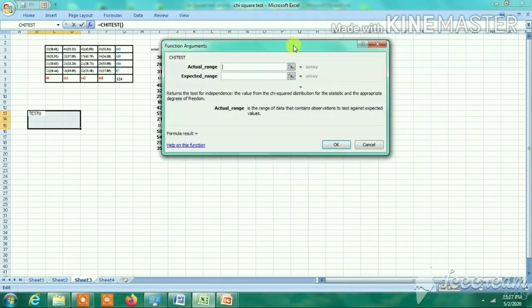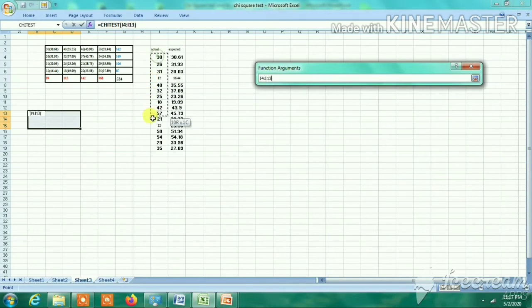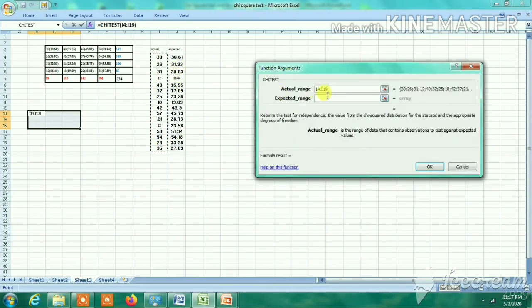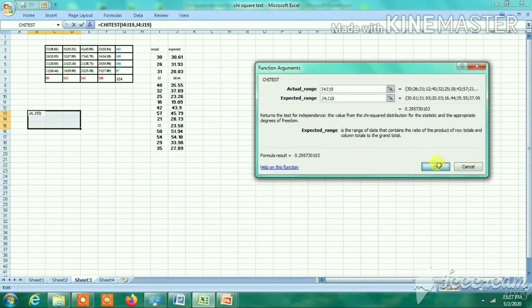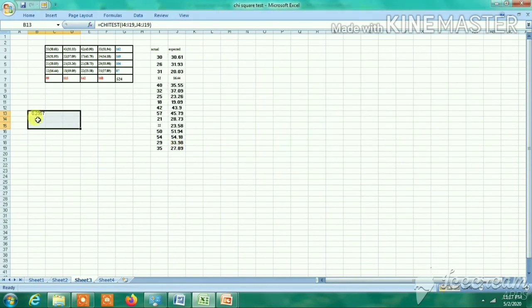The actual value is this one, and the expected value is this. Now click OK, and we get this value, 0.2957.